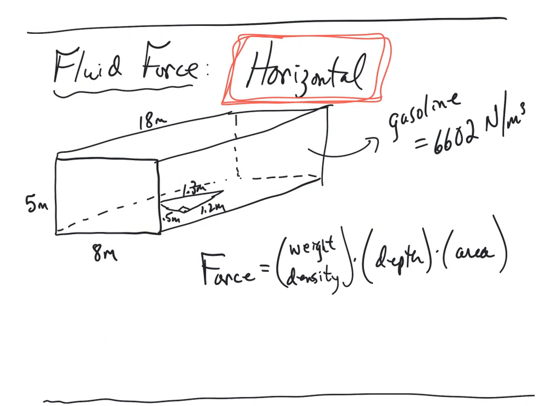Okay, so what's supposed to be represented by my picture here is that we have this huge tank that's 18 meters long, right? 18 meters long, 8 meters across, and 5 meters deep. It's filled with gasoline, which has a weight density of 6,602 newtons per cubic meter.